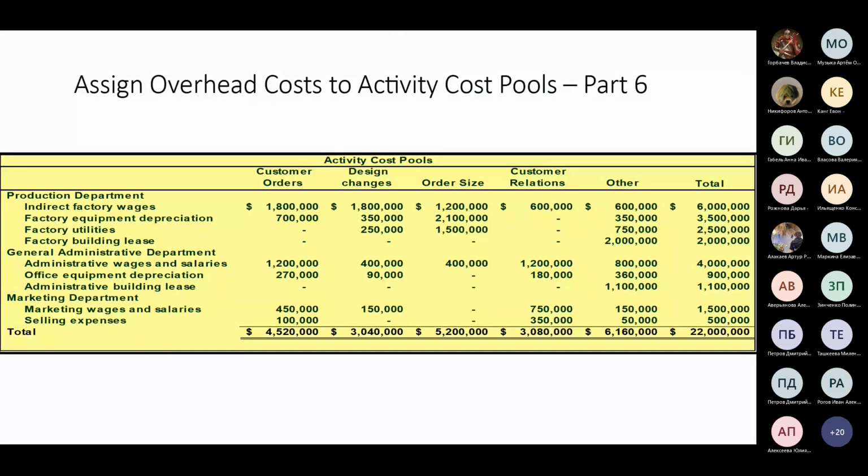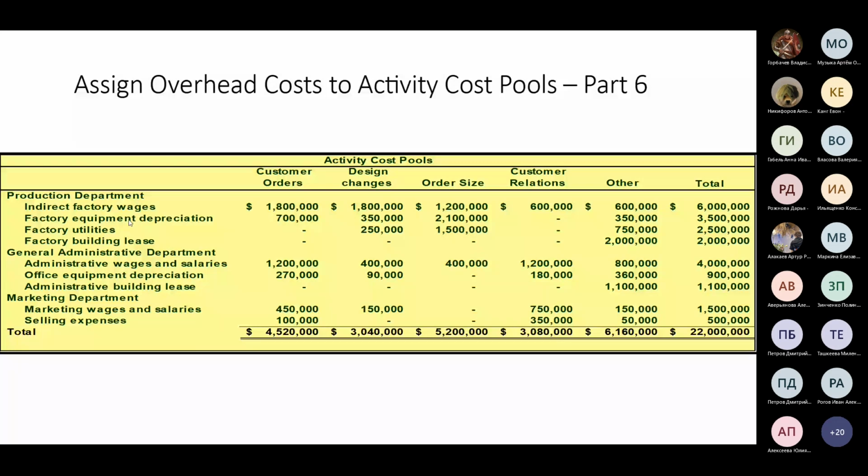So our total overhead is split between activity cost pools. We can calculate it by operations and in total amount in order to see which activity cost pool requires bigger overhead to be applied, and we can see how they are converted into the activity of our production.